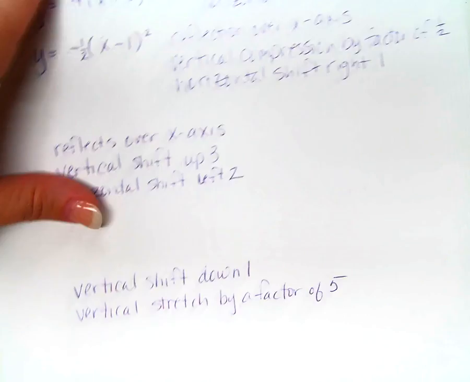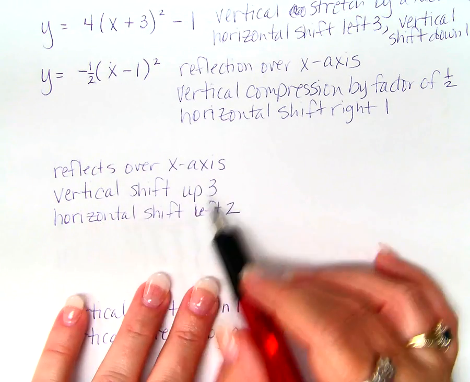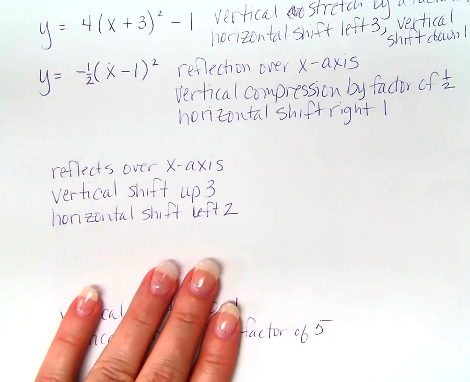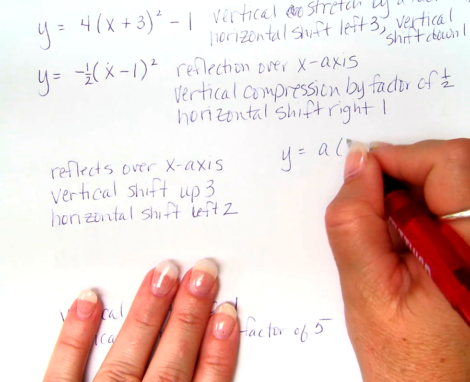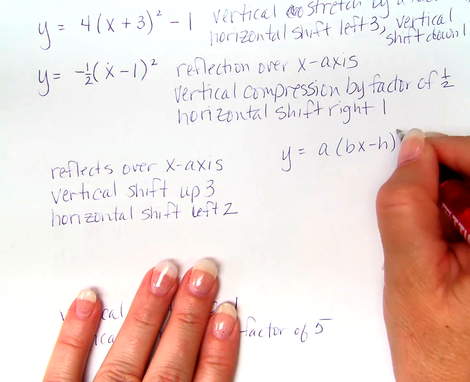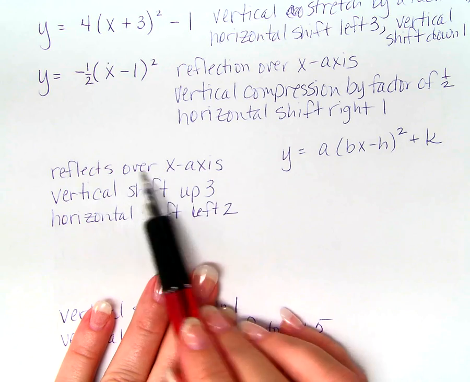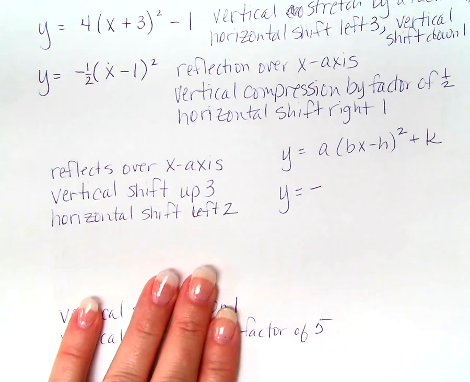Okay. The other thing I want you to be able to do is look at the transformations and give me the equation that it comes from. I know that we have y equals a times (bx minus h) squared plus k. If it reflects over the x-axis, my a value has to be negative.